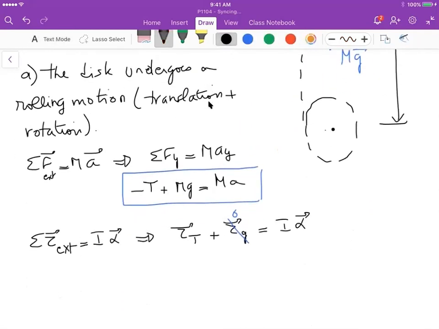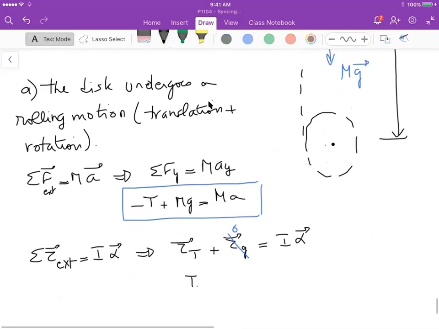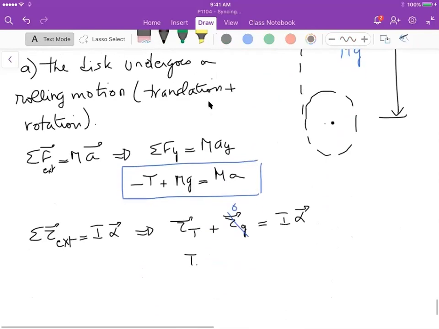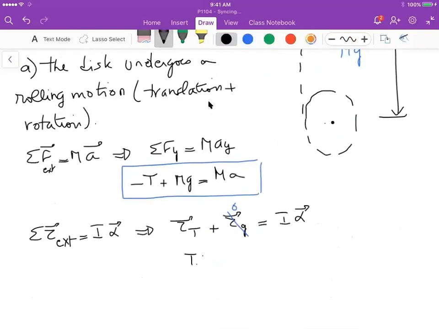So we end up with tau for the tension, which is the tension T multiplied by the distance between the point of application of the force T and the center of mass of the disk, which is nothing else than the radius. So it's T multiplied by R is equal to I times alpha. Right. So this is the second equation that we got.